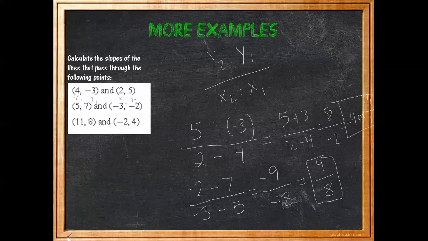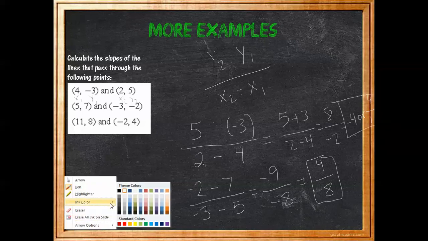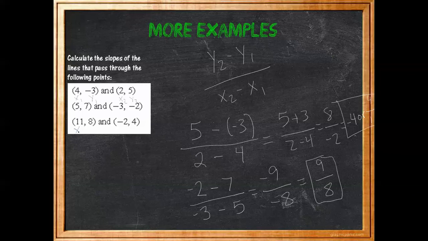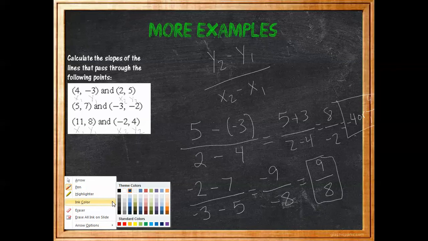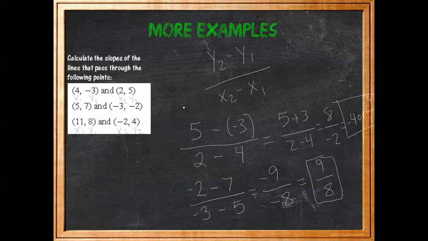Okay, number 3 right here, again, I'm going to label our x1, y1, x2, y2. Okay, so our y2 is going to be 4 minus y1, which is 8. x2 is negative 2 minus x1, which is 11.